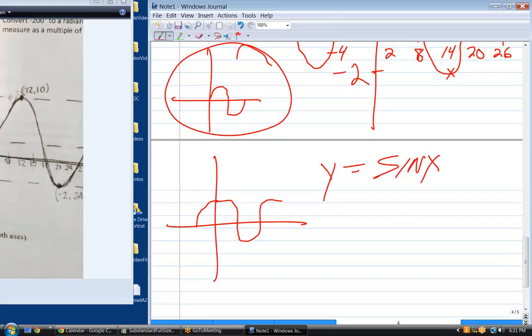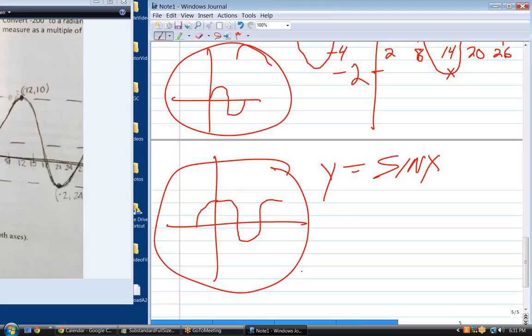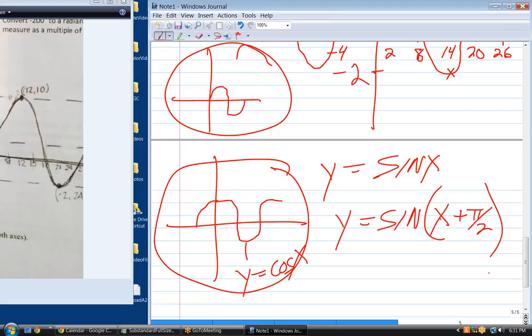But I could also say the cosine curve right there, this would be y equal cosine of x. But I could also call this curve y equals sine of x, and it's been shifted left by pi over 2, so plus pi over 2.